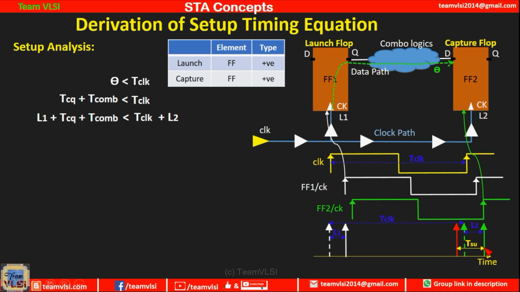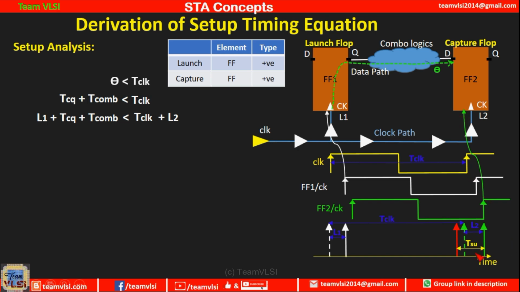If it appears late, that is no issue for the setup analysis, because we want the data to reach before, and this should come later. So if it becomes late, then no problem, but if it becomes early, then it is problematic, and we should take care of that case.